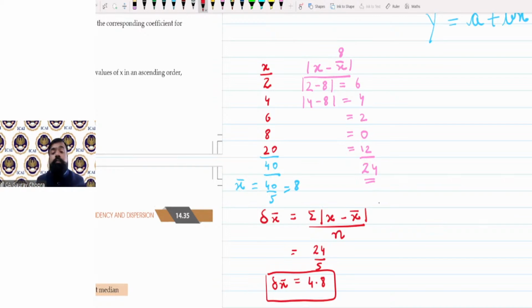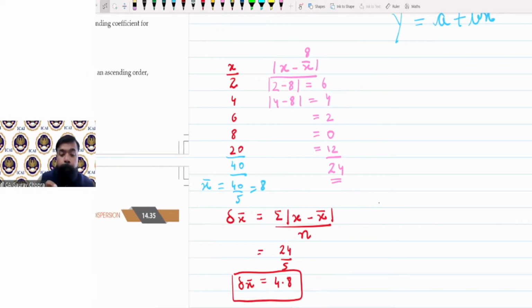Now, in the same question, if we have to calculate mean deviation from median, the formula will be sigma mod x minus m upon n. This time we have to calculate the median from the series.